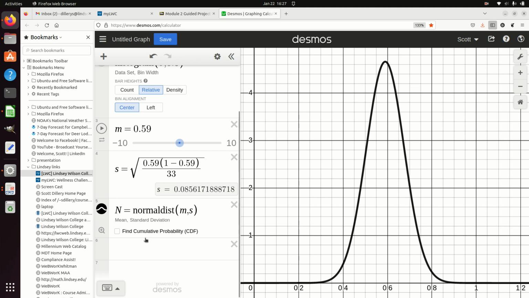And now what we want to do is use this, find the cumulative probability thing here. Okay, so if I do that, it shades everything in. But see, what I want to do is change the minimum and maximum, because right now it's telling me 1 or 100%.